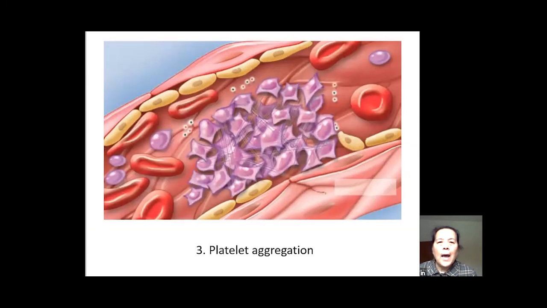Then platelets work together with some proteins in the blood circulation. We remember we have a third kind of protein in the blood circulation, basically helping to stop bleeding.